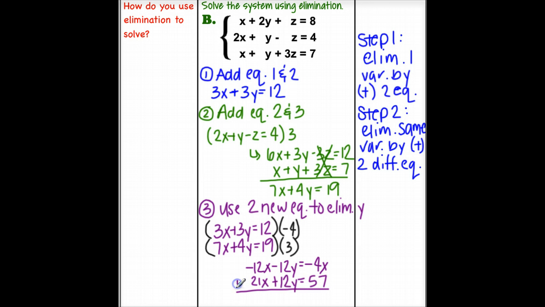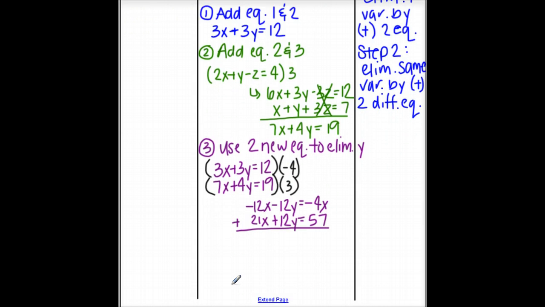So when I add those two equations together, I get 9x equals 9. So when I divide by 9 on both sides, I get x equals 1.